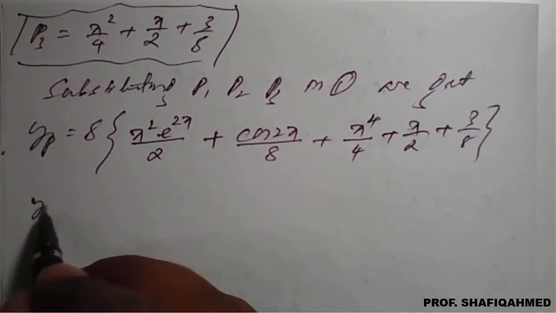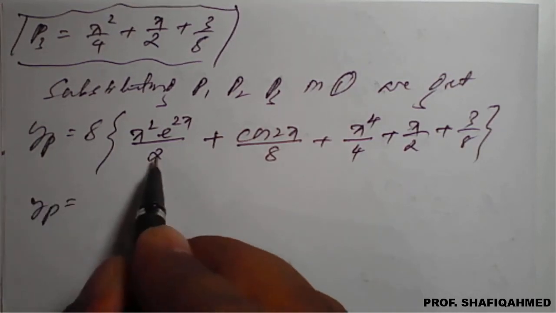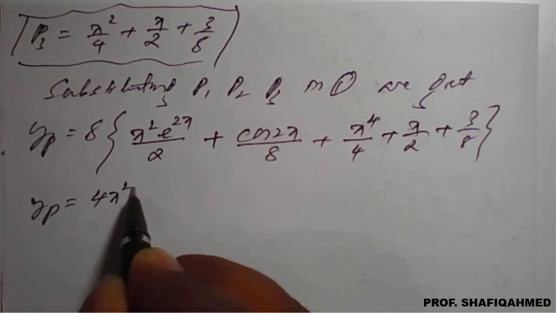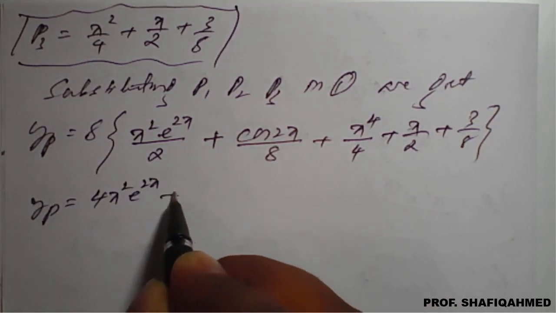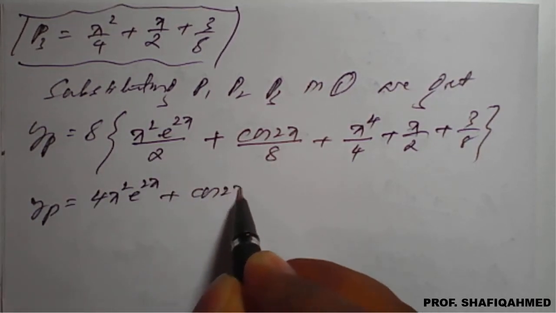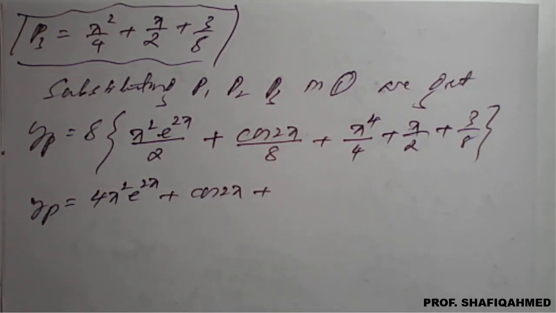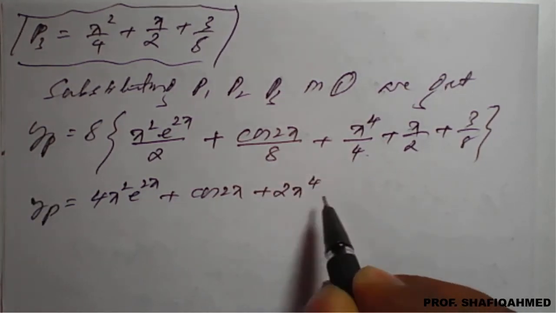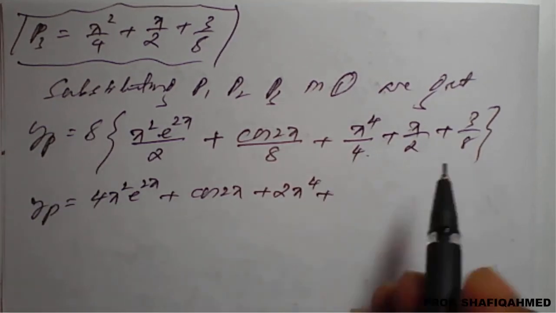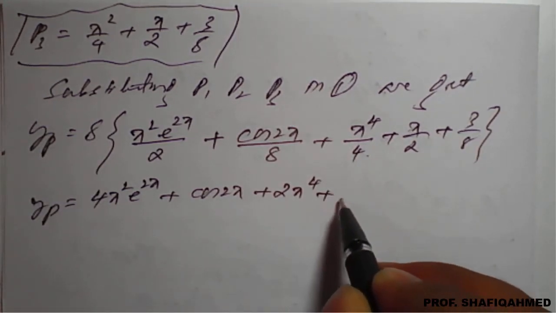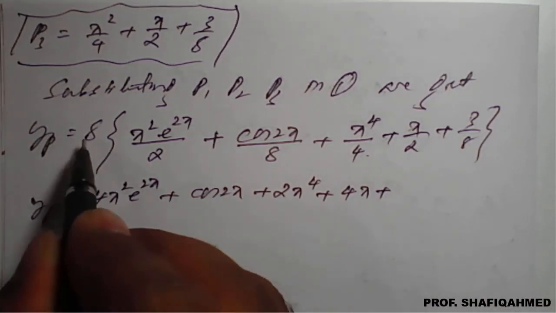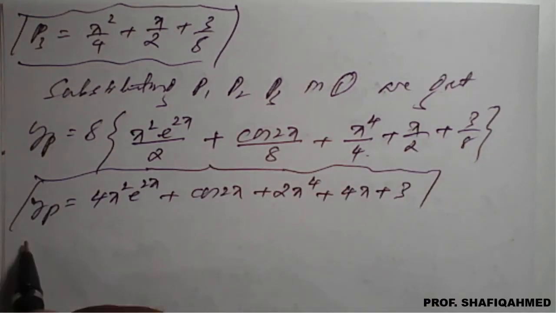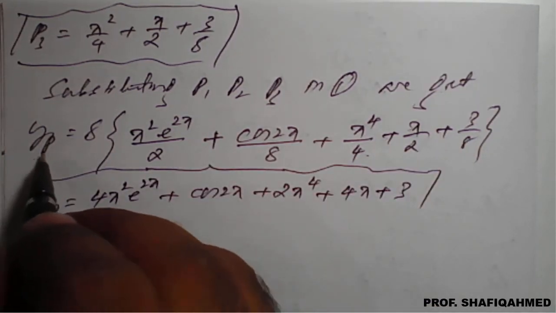So therefore I will rearrange yp and multiply by 8: 2 into 8 divided by 2 will become 4, so it will become 4x square e raised to 2x, plus 8 and 8 cancel, cos 2x, plus 8 divided by 4 will become 2 times x square, plus 8 divided by 2 will be 4x, plus 8 and 8 cancel, 3. So this is the required value of yp.